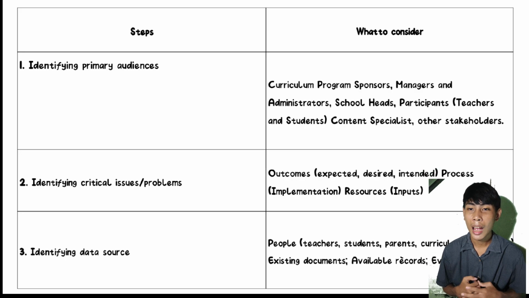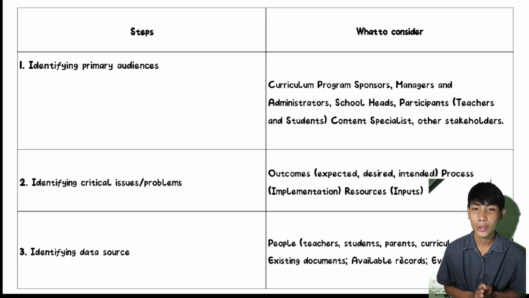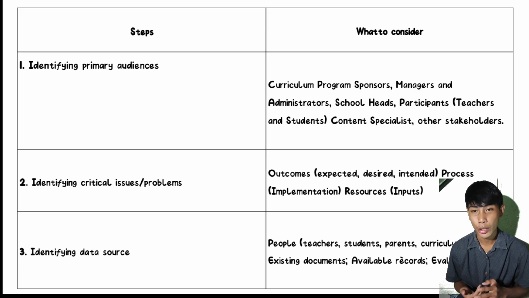Second step is identifying critical issues or problems. So we need to identify the outcomes like expected, desired, intended. We have also process like implementation, resource, the inputs.